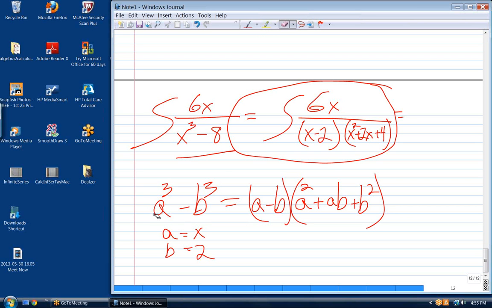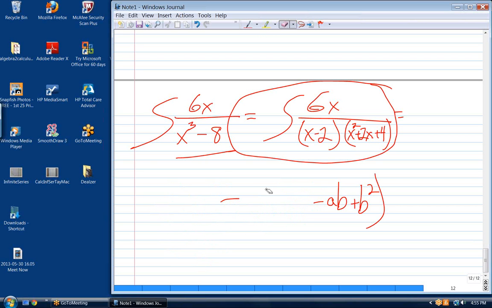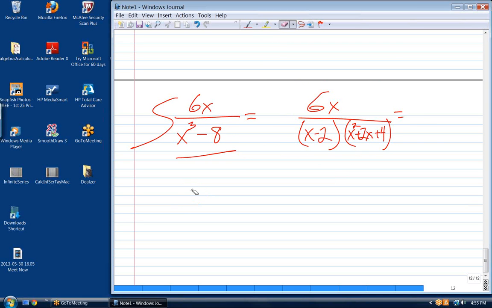So 6x over this is going to equal some a over x minus 2 plus, and this second term has to have a bx plus c because it's a quadratic.